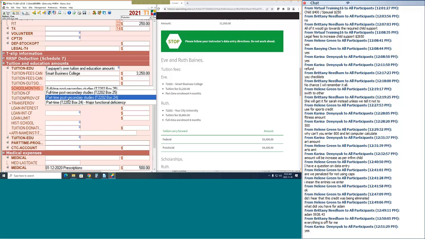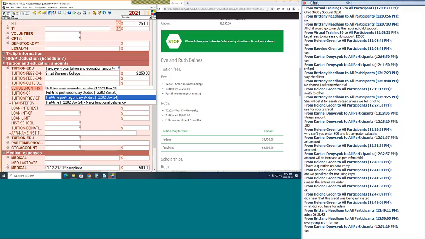If she's part-time with a major functional deficiency and doesn't have a disability certificate on file, that's when I would use this part-time, because again, the computer will treat her as full-time if I tell the computer to do that. So disability certificate, if I choose part-time, the computer will override it and make it full-time.